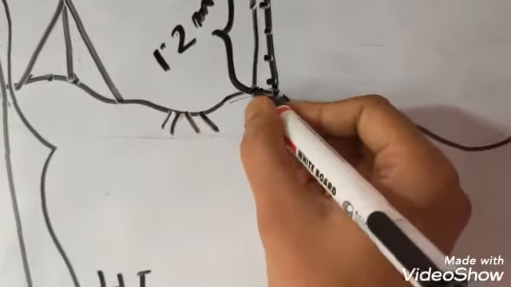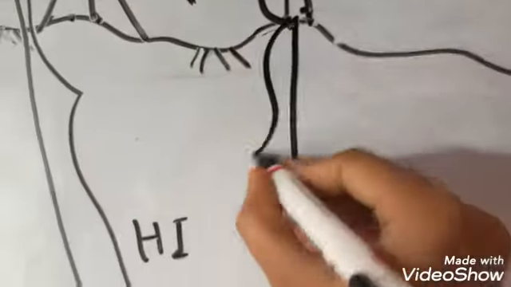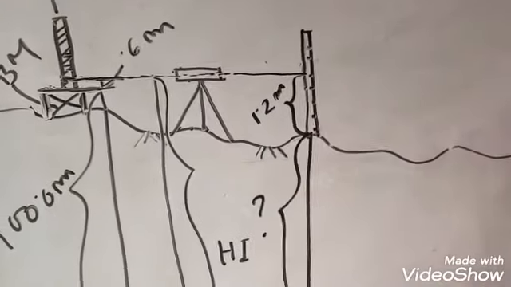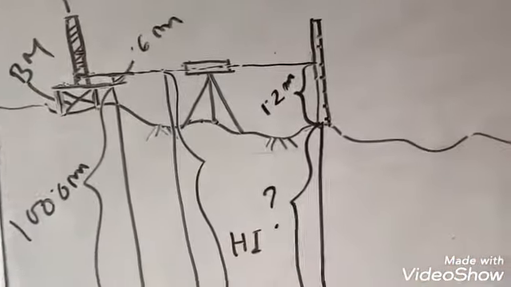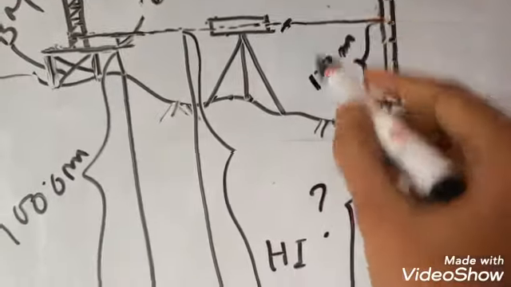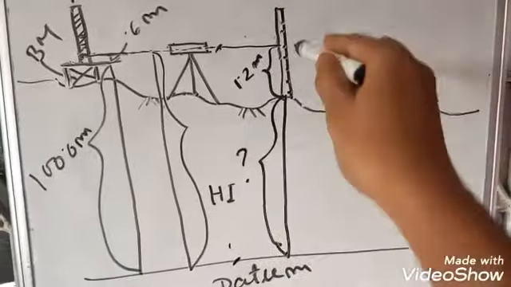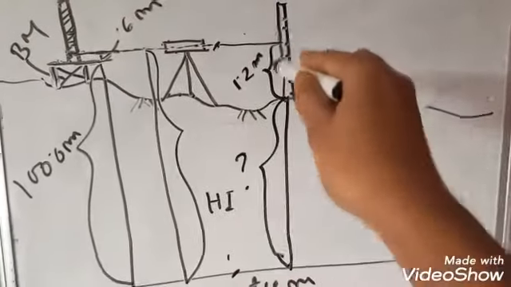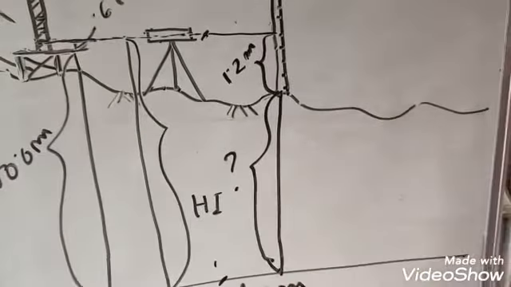What we need is the elevation of this point, that means we need the RL of this point. We need this height. How much is this? We know this one, and we also know the height of instrument. Height of instrument is from this point up to the datum. So we know this whole height and we know this one. This whole height minus this one will give us the required RL.